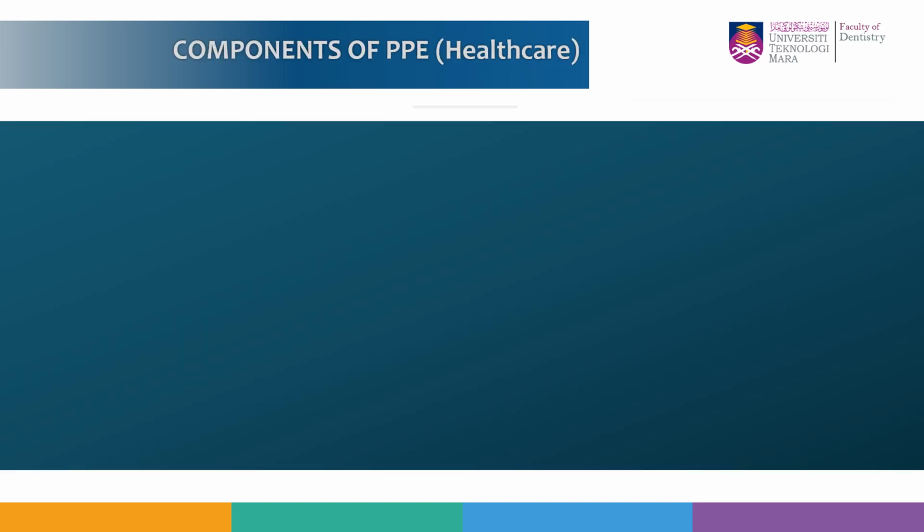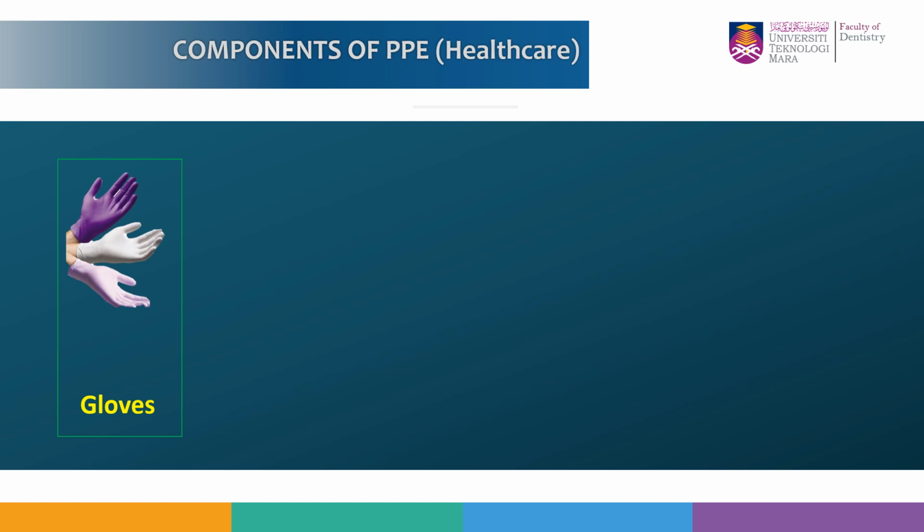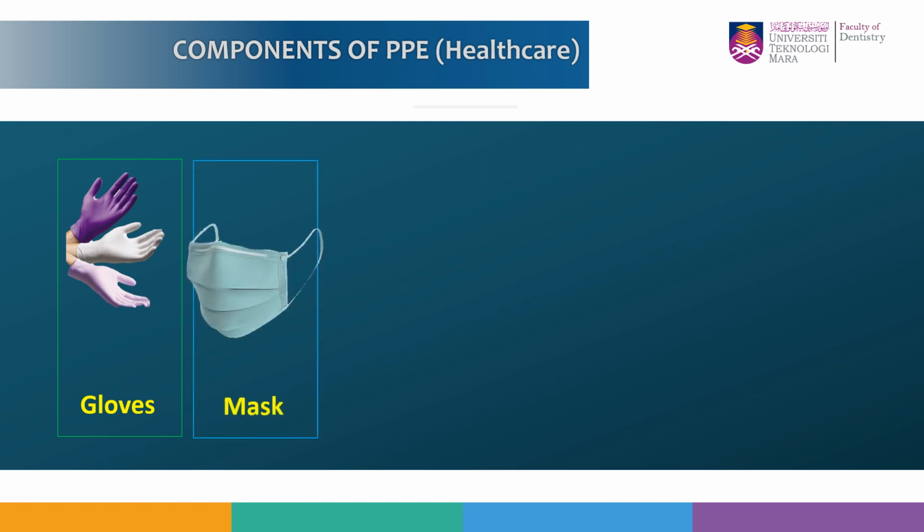Okay, let's look at the components of PPE. This is particularly for the healthcare sector. So the first one is the gloves. This is what we call medical gloves. Number two, the mask, which is the most popular attire in the entire world at the moment.